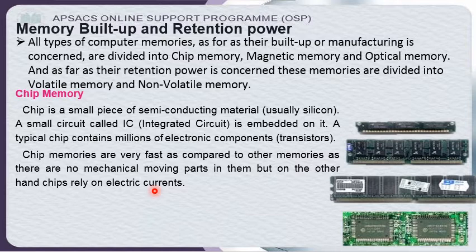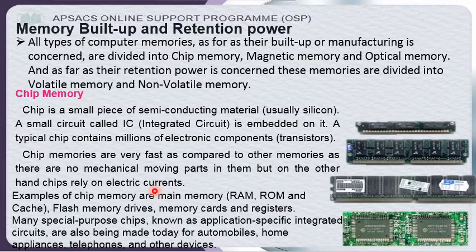But remember that these are the fastest memory. Some examples of chip memories are main memory, which is your RAM, ROM, cache, flash memory or flash drive, which you mostly call a USB flash drive, memory card and registers. All these are types of chip memory.